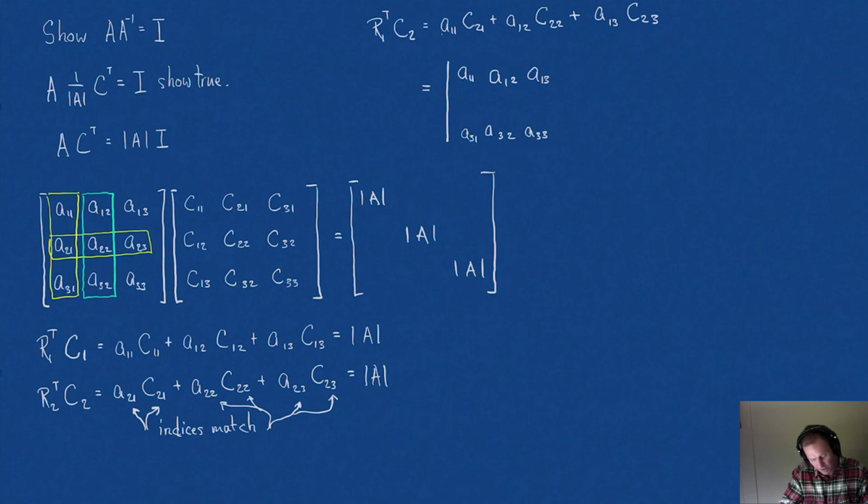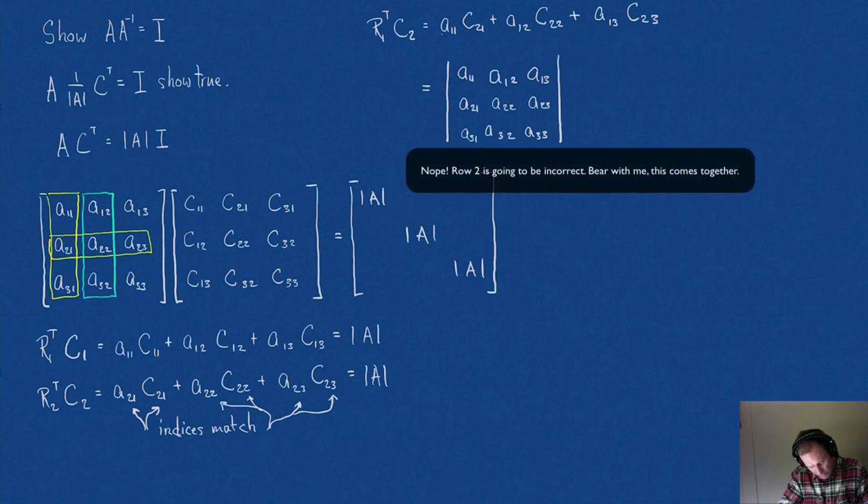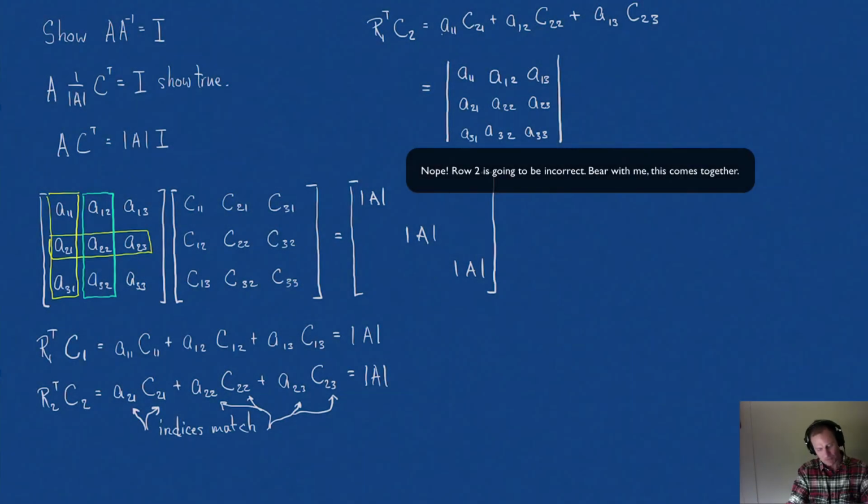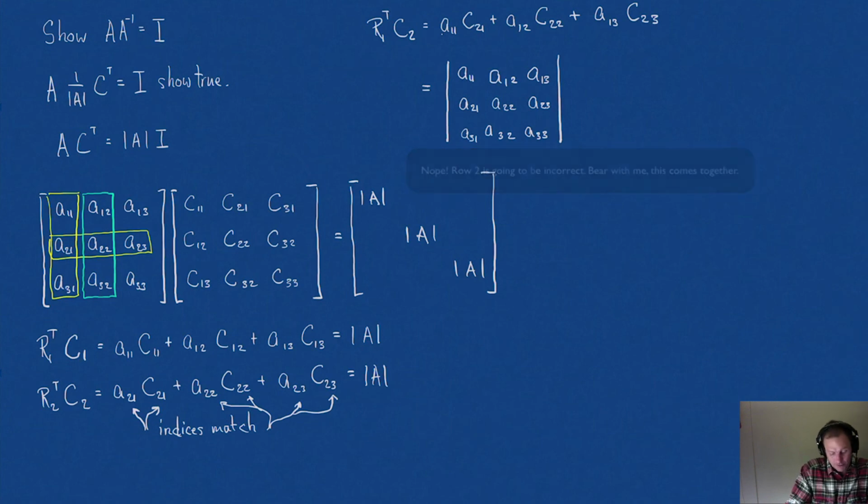And the other piece of this is that row 2 is just A21, A22, A23. Oh, just a second, I did something totally wrong. I hope you never have one of those moments. I just did. I have a lot of subscripts going on. Let's go back and let's make some corrections.